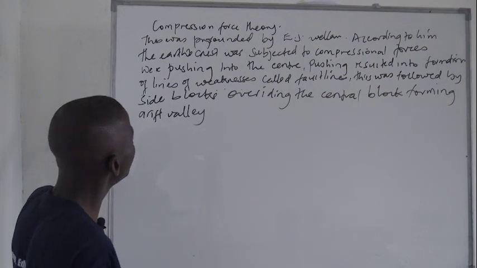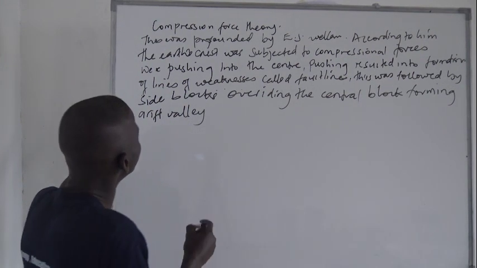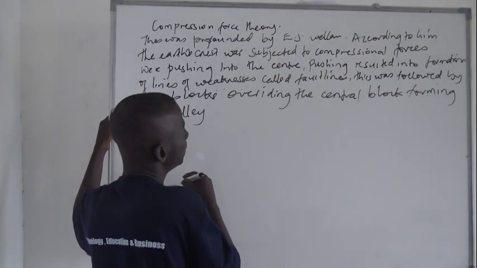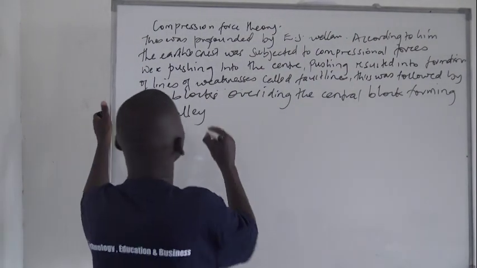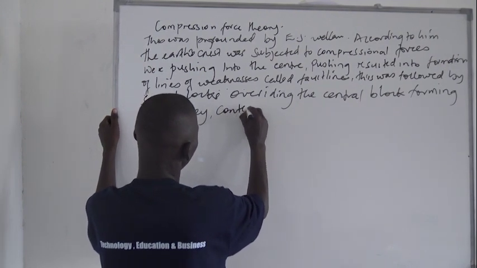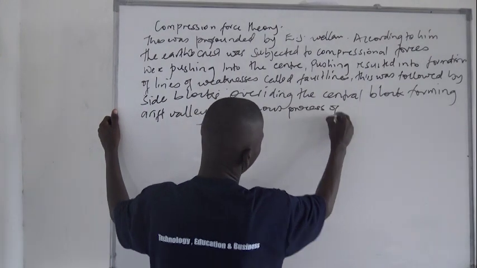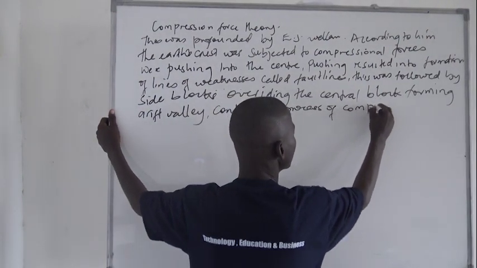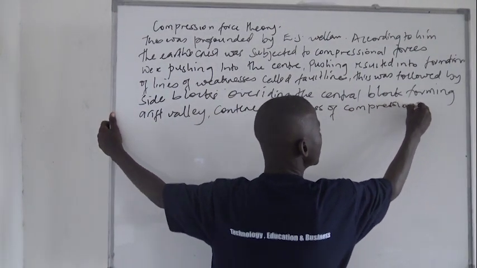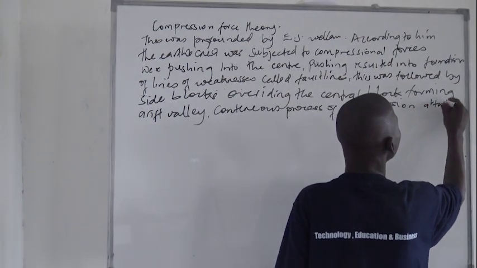So in this formation of the Rift Valley, the continuous process of compression attacked the central what?